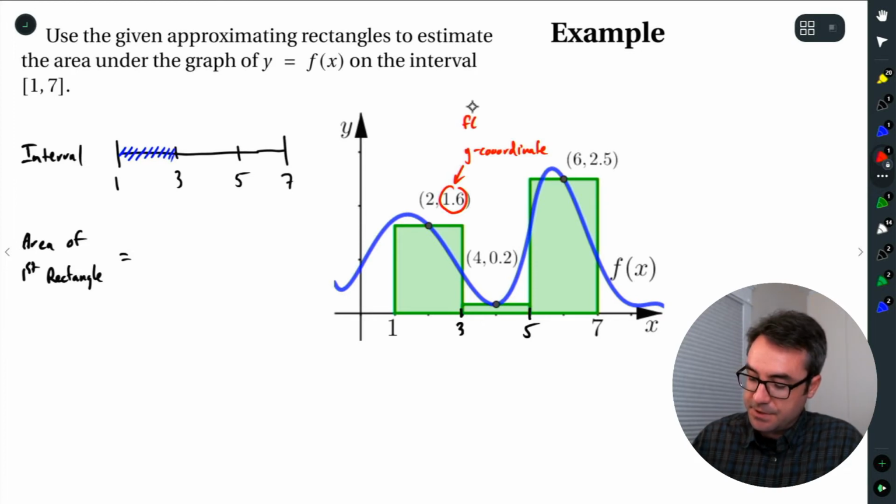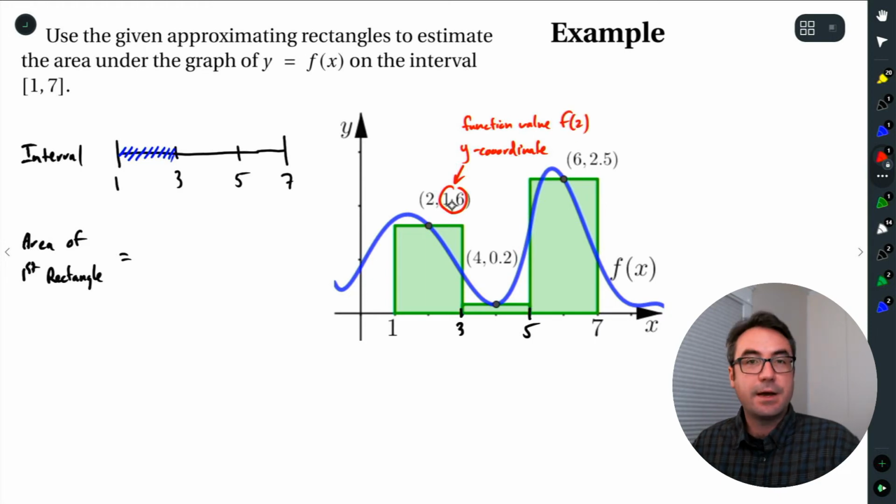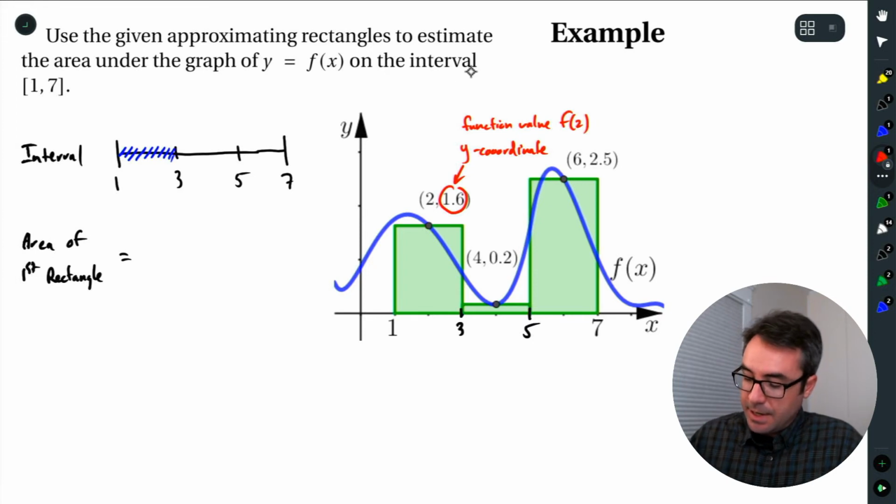So this is the function value f of 2. That's really how we read a graph. The x value is here, and then the corresponding f of x value goes here. That's the y-coordinate, or we could think of it also as just being the height. That's really what a function is.